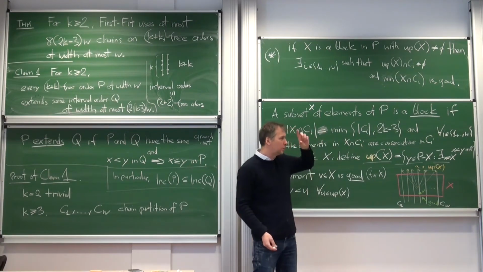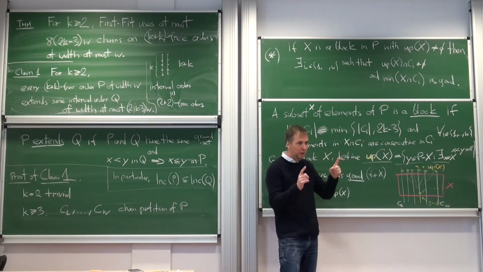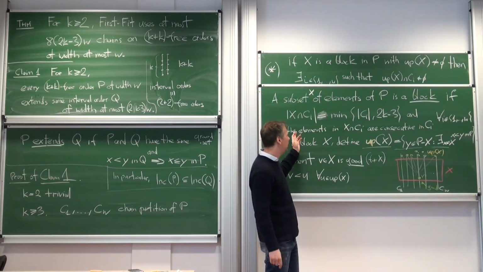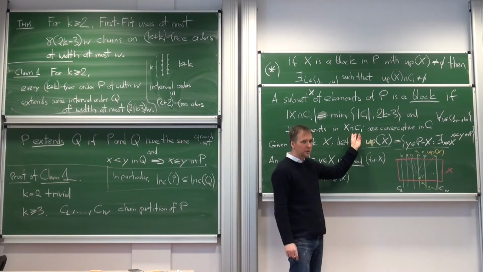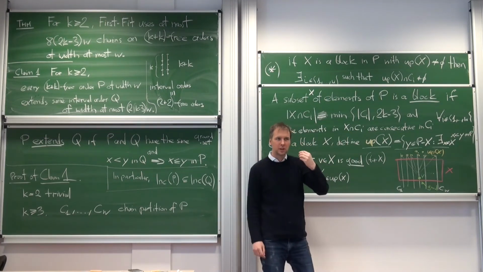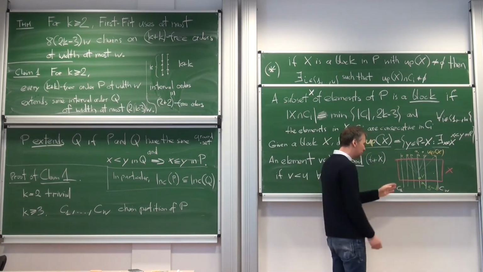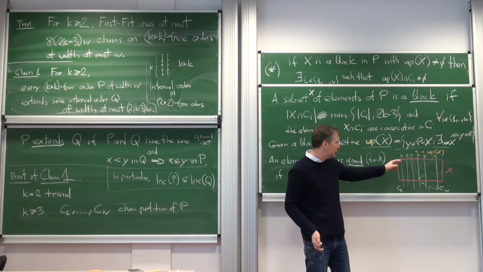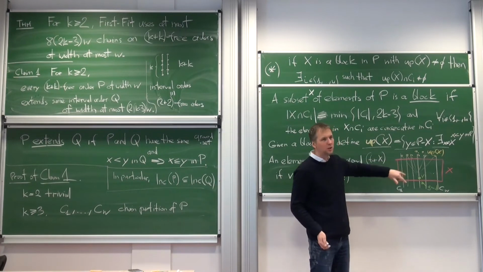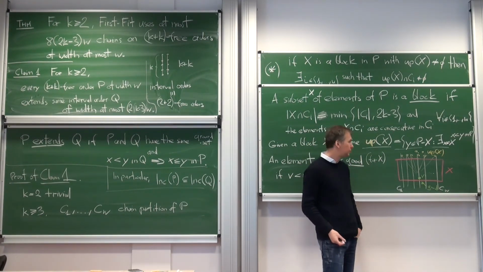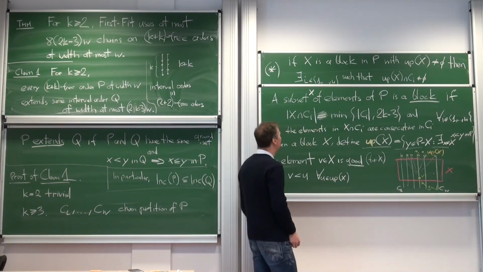So you want the block to extend over just a bounded segment of each chain, and as is natural, you want this intersection to be a set of consecutive elements on each chain. So in each chain we take a segment of size 2k minus 3. That's a block.